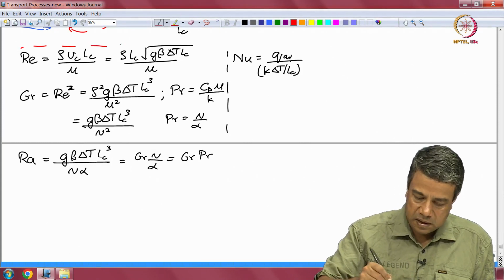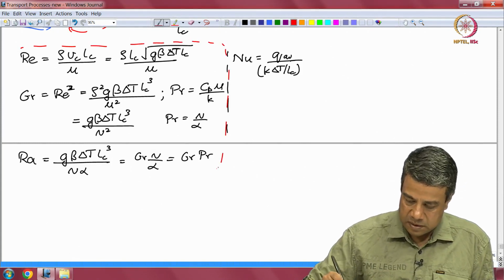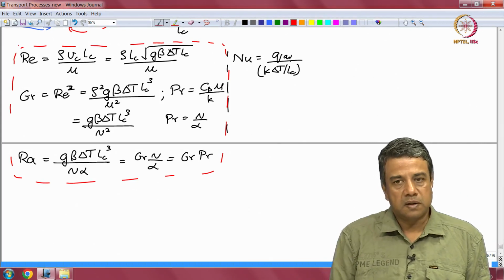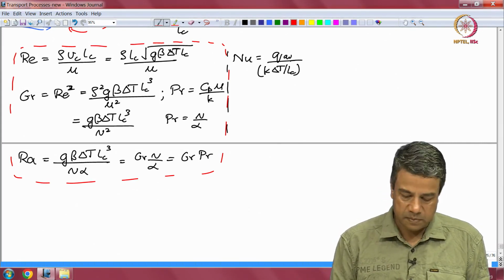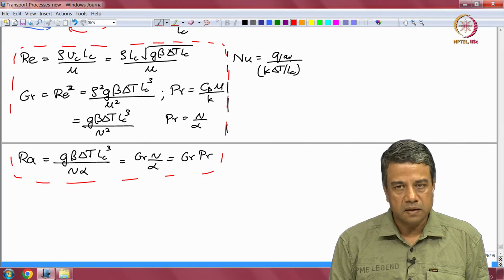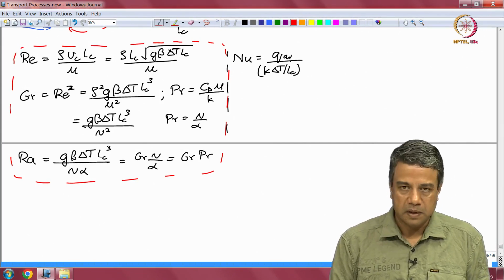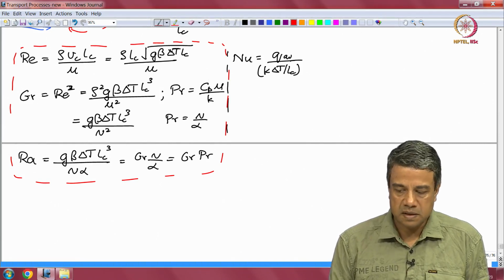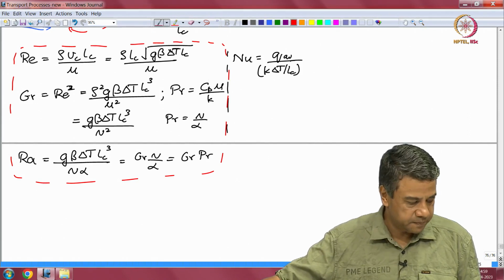So, these are the independent dimensionless groups: the Reynolds number or its square, the Grashof number, or the Rayleigh number, and the Prandtl number for this natural convection problem, and the dependent dimensionless parameter is the Nusselt number.